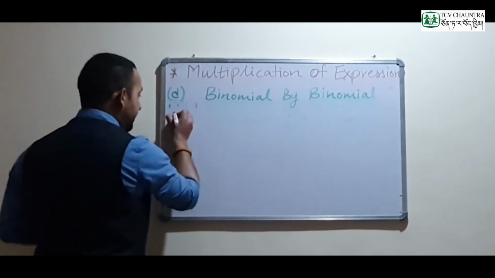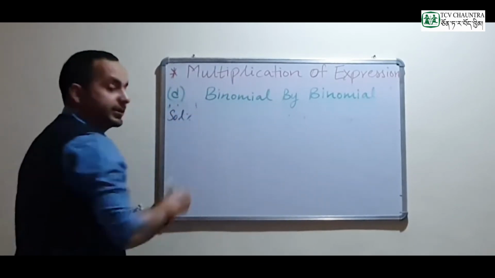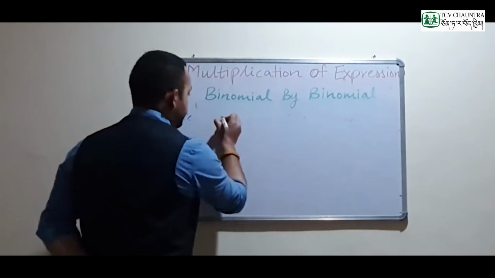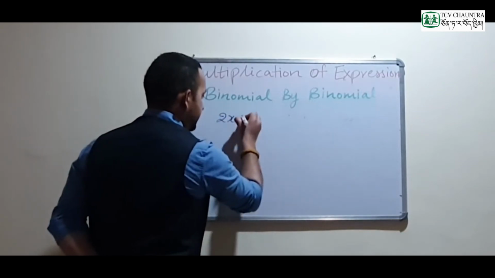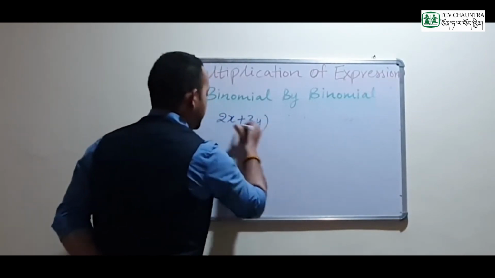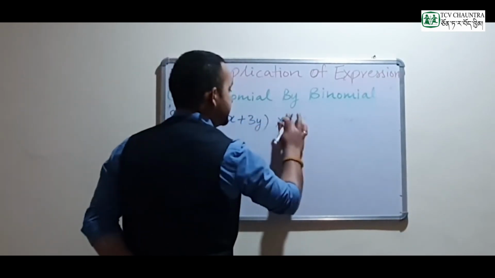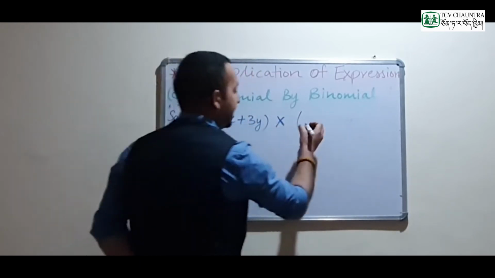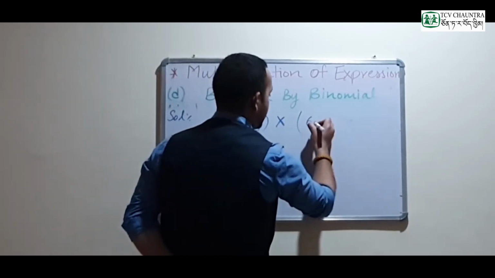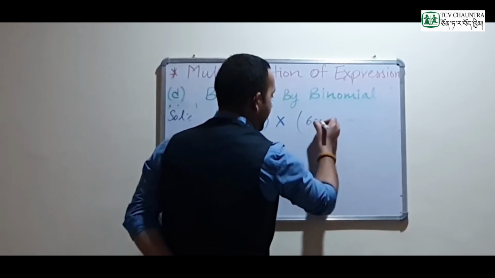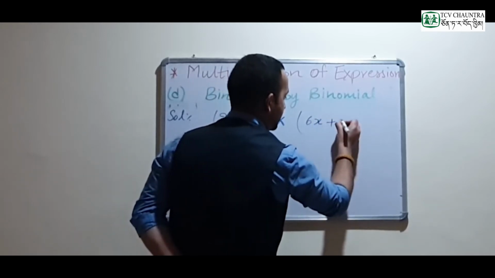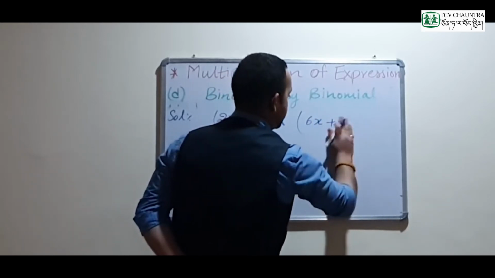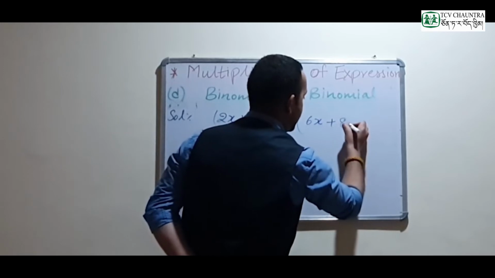So binomial by binomial, again we are going to take an example. Suppose I took the example 2x plus 3y multiply, and I'll write 6x plus 8y.